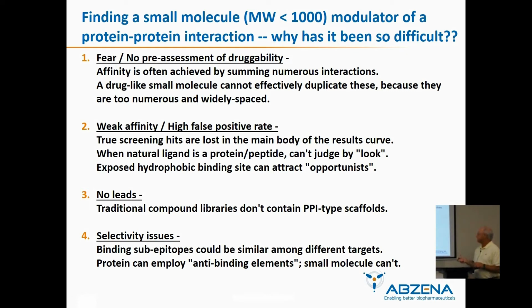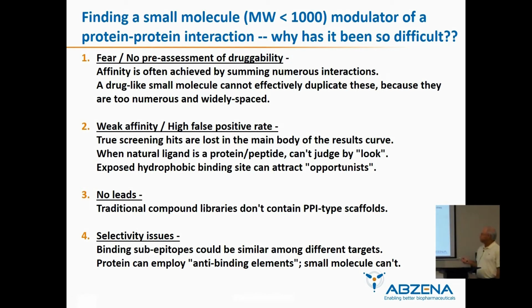And the small molecule, it was thought, would be too small to mimic enough of those interactions to get decent affinity. And people were saying, well, it's like putting a pea down on a football field. It's just not an effective way to go. So I think that just scared people away from even trying this target class.